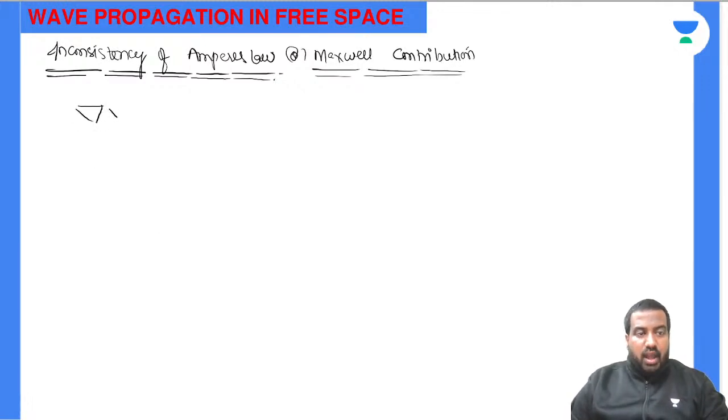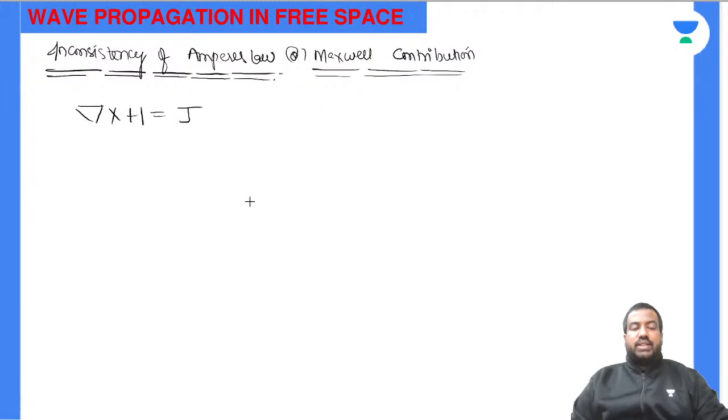What is Ampere's law? Del cross H is equal to J. What is J there? Conduction current density, sigma E. It depends on the conductivity of the material. According to Ampere, current can only flow when there is a conductor. Without a conductor, current cannot flow.